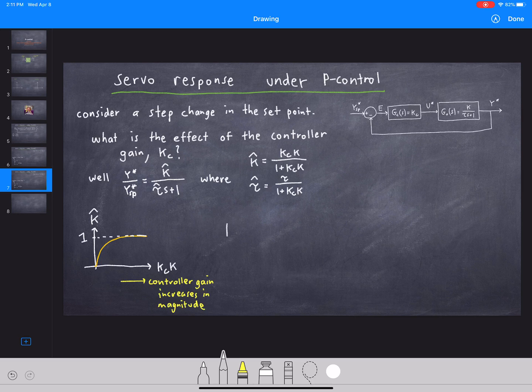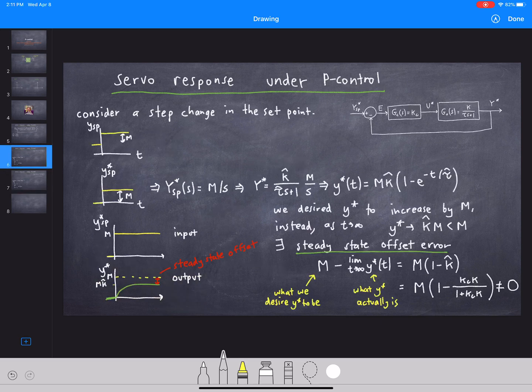So as a result, let's also draw what the steady state offset looks like. This is your offset, and remember we derived what the offset was.